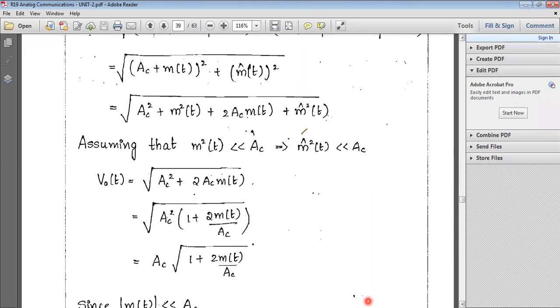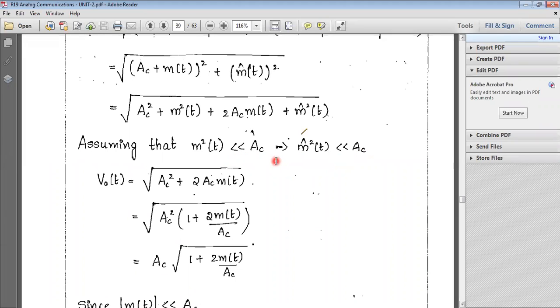Now, after that, already you know m of t, that is the message signal frequency, is very much less compared to the carrier signal. So therefore, you can consider it as m square of t is very, very less compared to AC. And m cap square t is also very much less compared to AC.